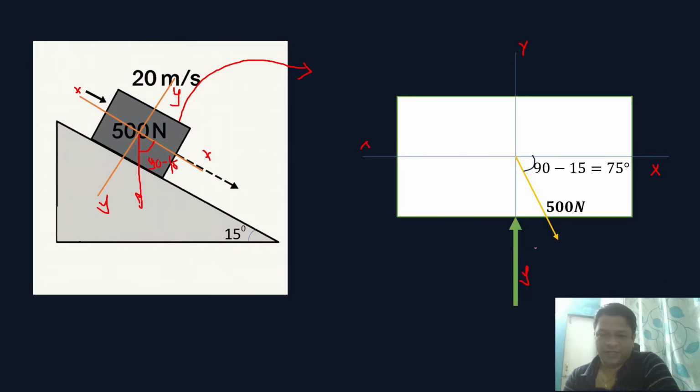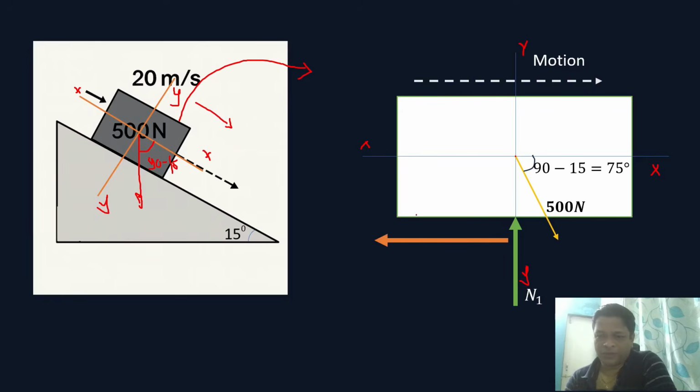Now show the normal reaction. It is perpendicular to the surface and it is towards the center. Now understand the motion. The block is moving in the downward direction, right? If you consider this coordinate system, it is moving towards the right. So here also we will show the direction towards the right. It indicates the motion. The friction force will always act opposite to the motion, so this is the friction force acting opposite to the motion.